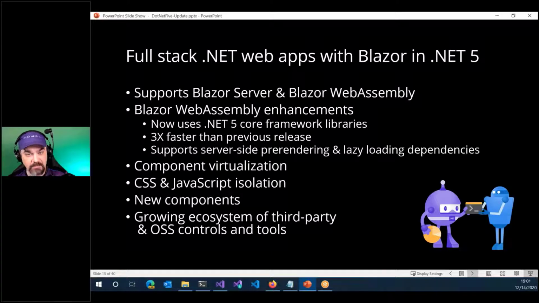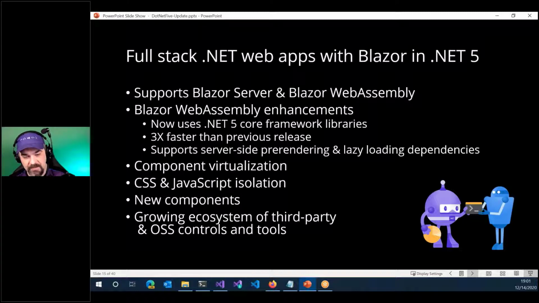Component virtualization, we've all seen on websites like Twitter and Facebook and the like, you have the infinite scroll that happens. There's now a tag that will allow you to do that inside of your components in Blazor. CSS and JavaScript isolation, if you're building components for Blazor, you can now create files that are the same name of the component, .css or .js, and those static files will only be included when your component is referenced on the page.